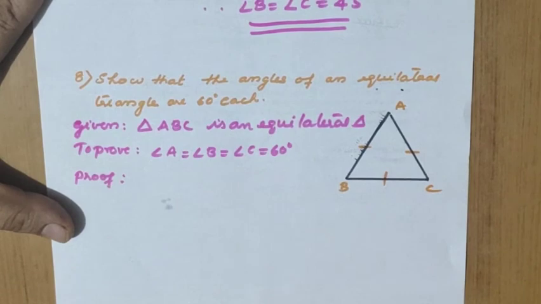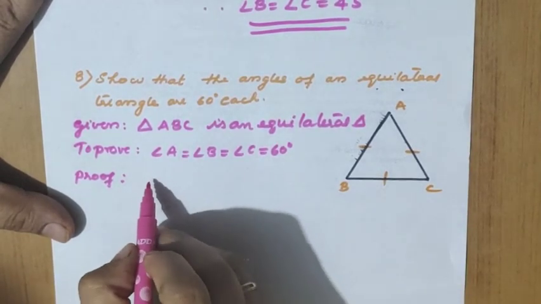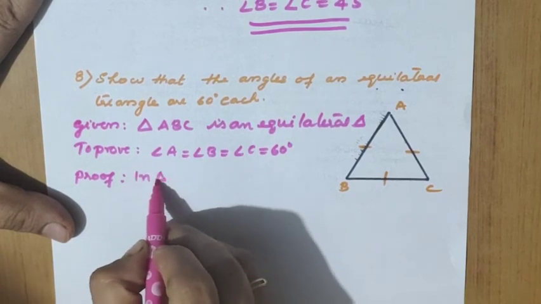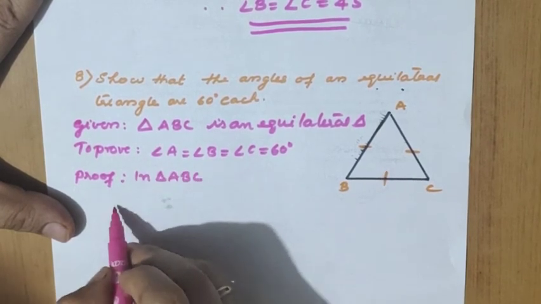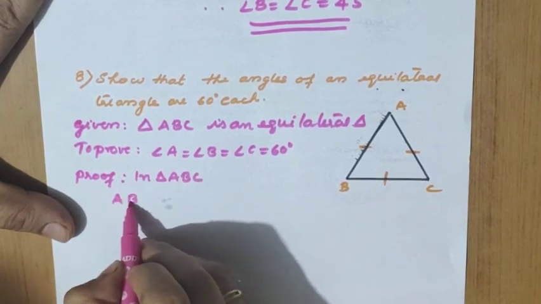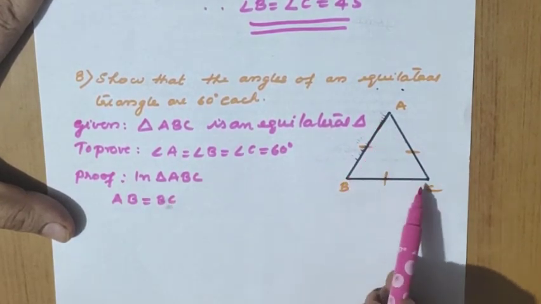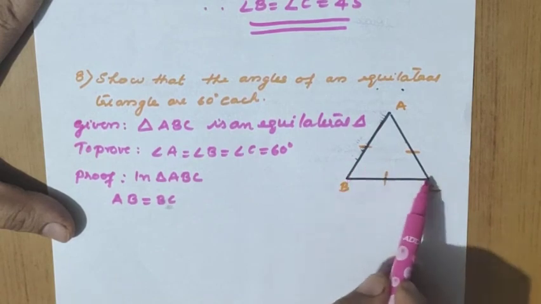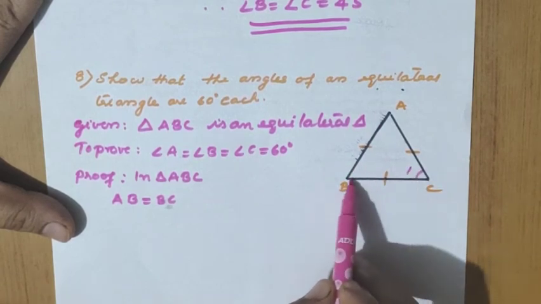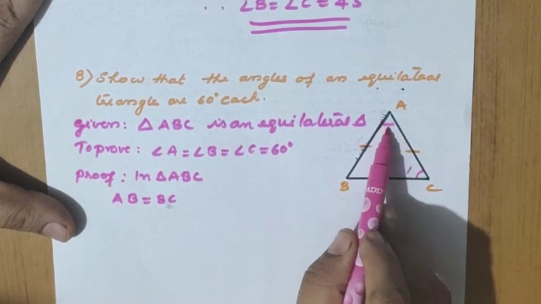Okay, we can use directly angle sum property and that we can prove, but here we have to use the concept of the angles opposite to equal sides, right? So we'll write here in triangle ABC, AB equal to BC. See, AB equal to BC right now. So AB opposite angle I will take 1 and BC opposite angle I will take as a 2.